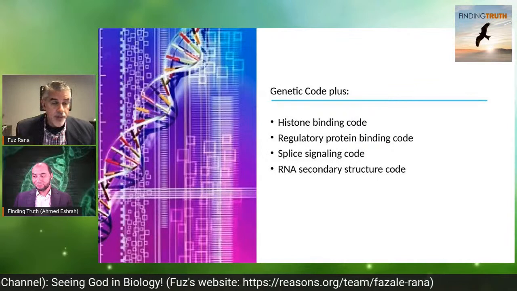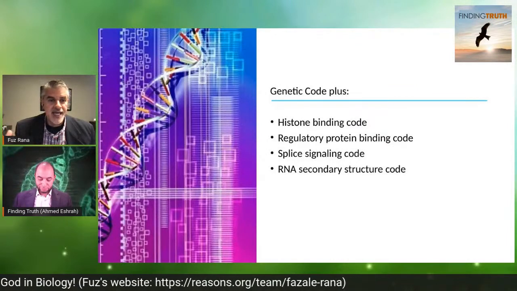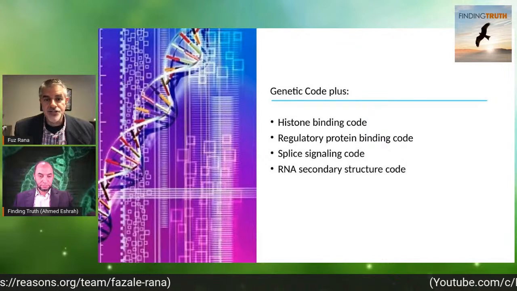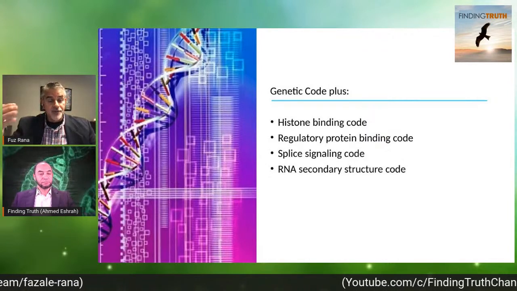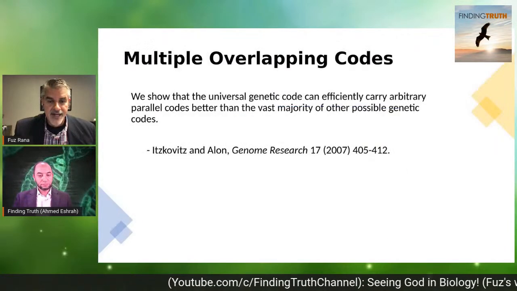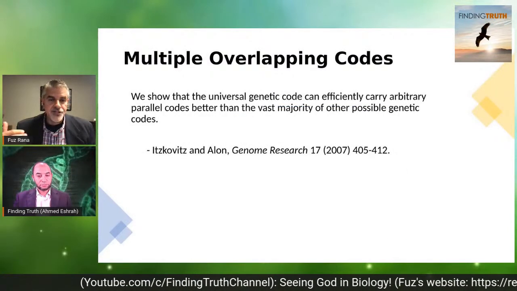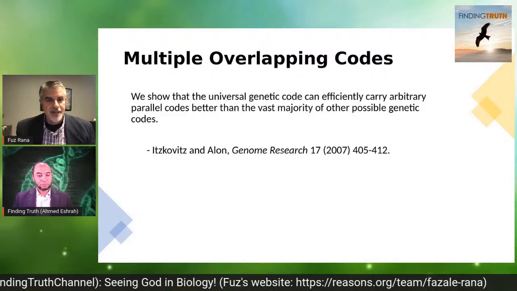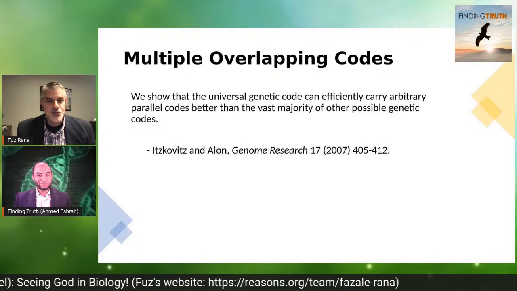There are regulatory proteins binding to DNA, splice signaling, and RNA secondary structures. So there's a whole ensemble of other codes superimposed upon the genetic code. And it turns out that the genetic code is also optimized to harbor overlapping codes as well.